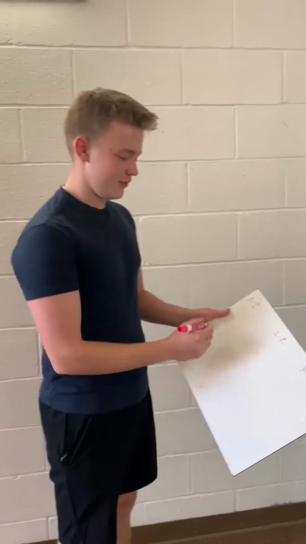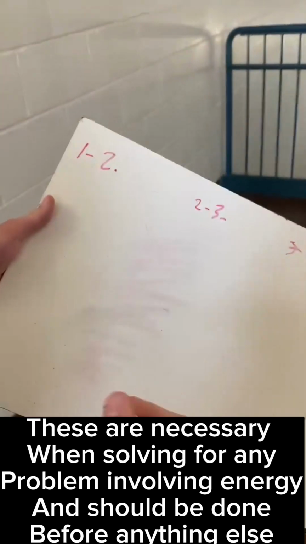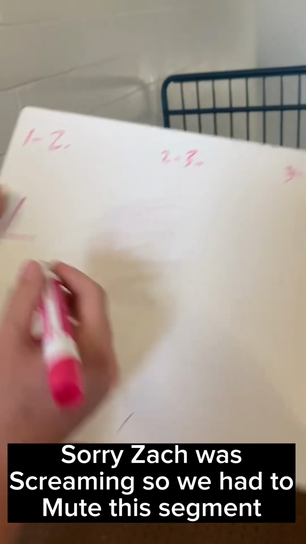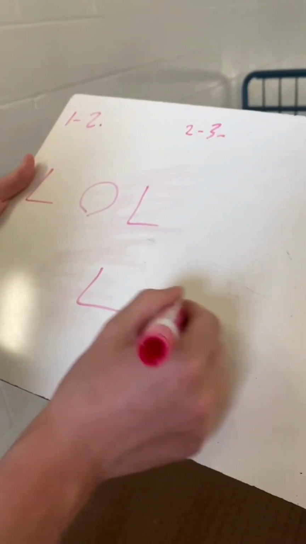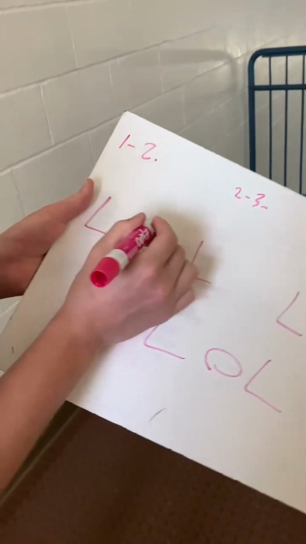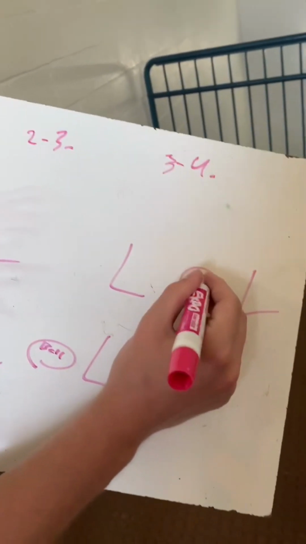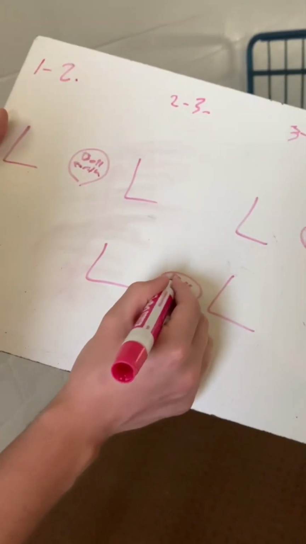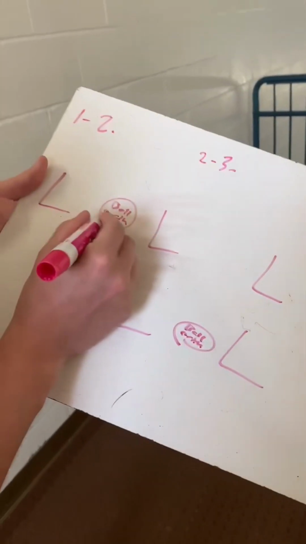So first, you need LOL diagrams. In all of these, there's the ball, gravity, so Earth, and the track.